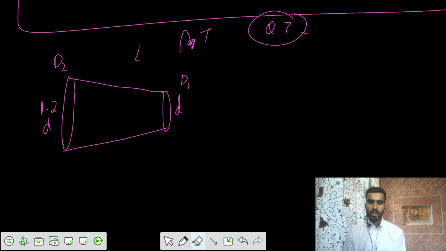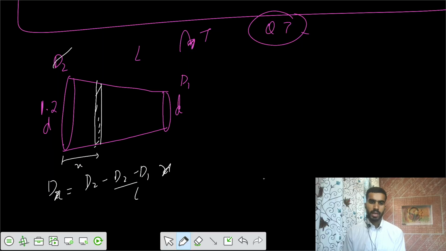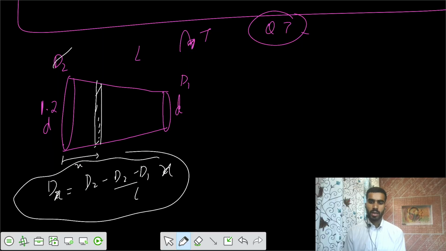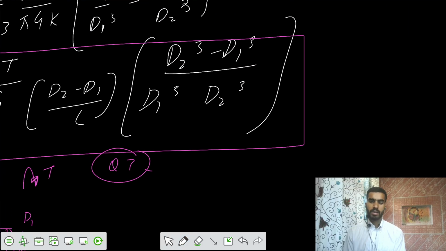So I took that strip of dx at a location of x from capital D2. Then I have the equation d at any x equals d2 minus d1 by L into x. So I already have that equation.